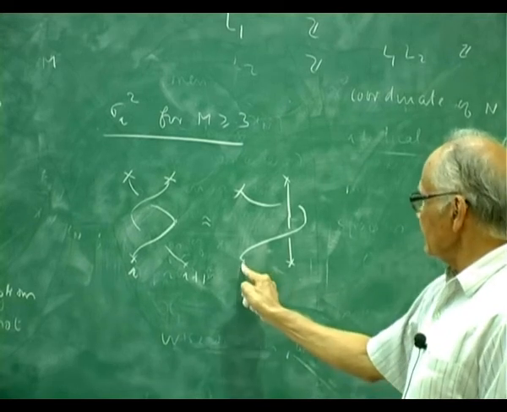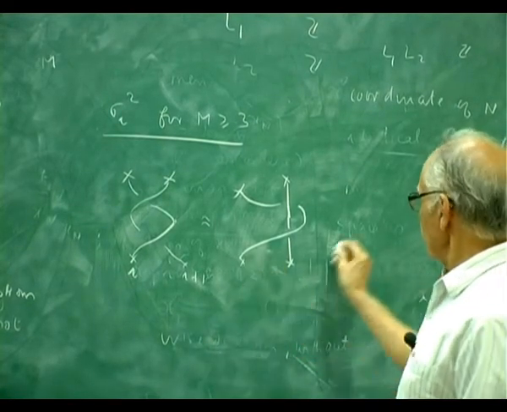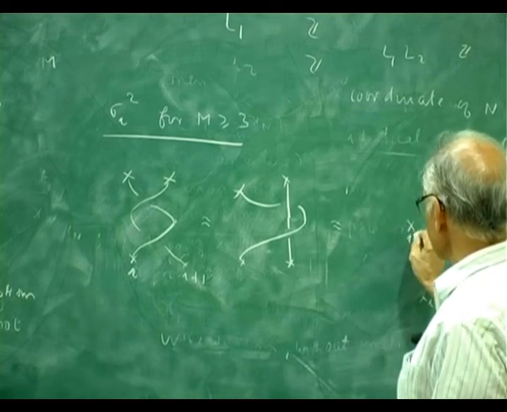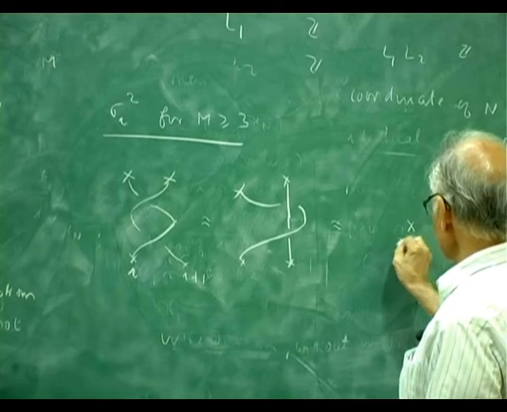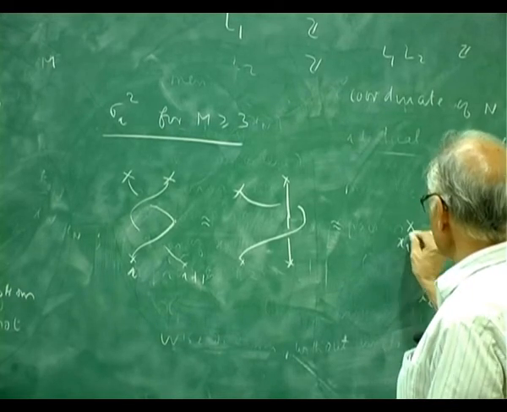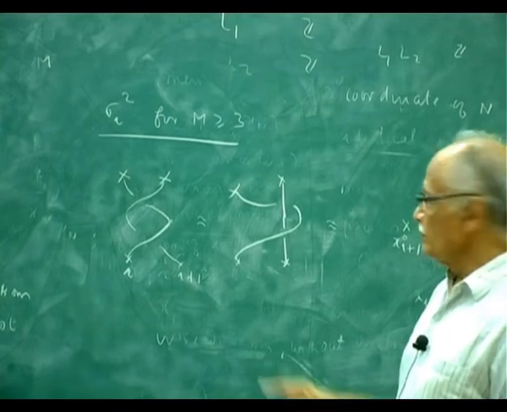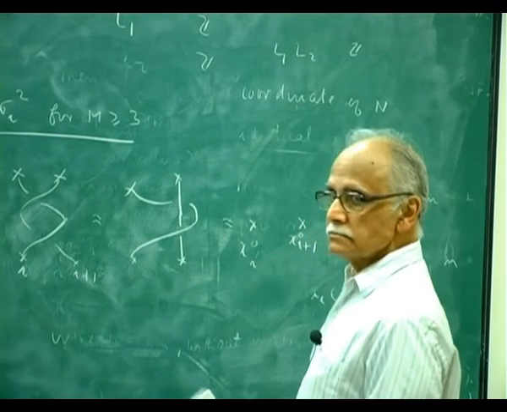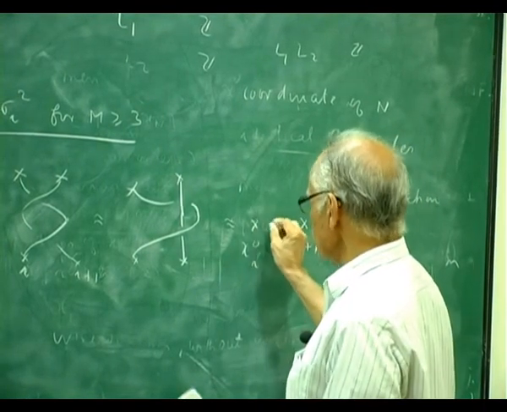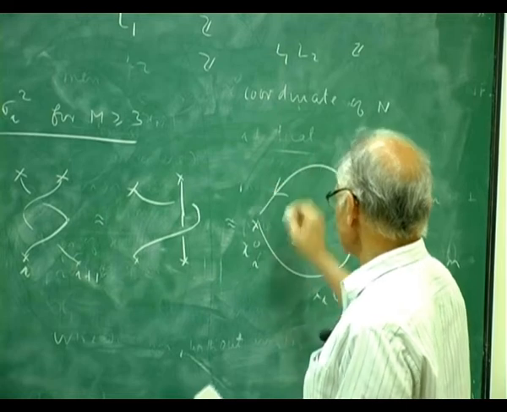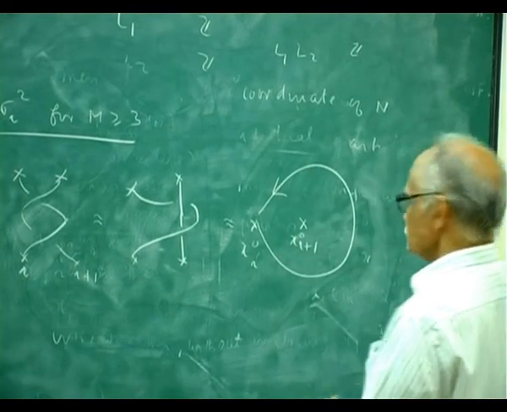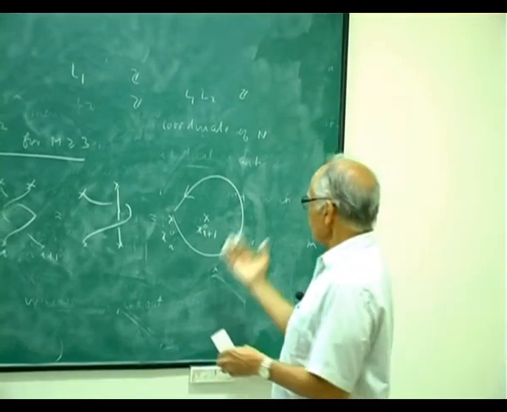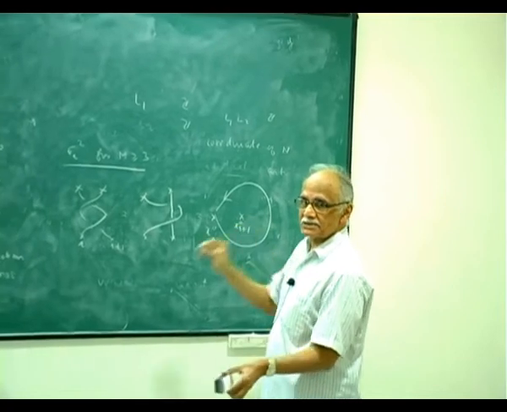So what I have done is, physically in 3 dimensions, the point i plus 1 with coordinate x_{i+1} and this point has started at x_i and gone right around. In 3 dimensions, I can take it out of the plane and shrink it to a point.